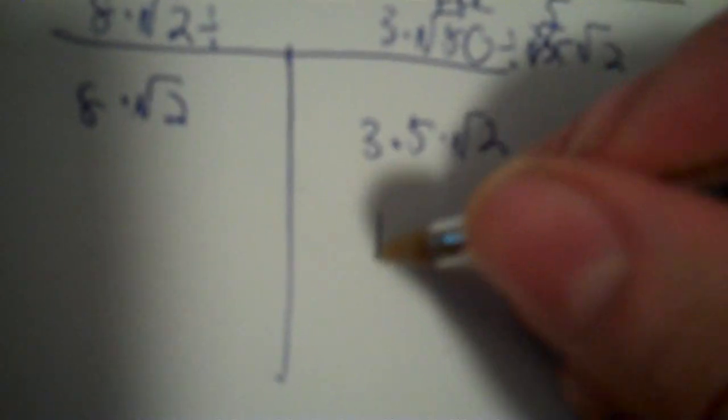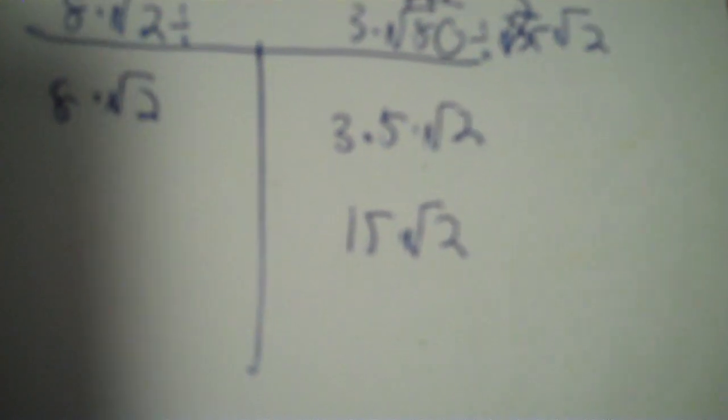Now 50, I think, is going to divide by a perfect square that isn't 1. 49 doesn't. 36 doesn't go into 50, does 25, absolutely. So I rewrite that as a square root of 25 times the square root of 2. And then the square root of 25 turns into 5. So the square root of 50 is replaced with 5 times the square root of 2. And then we get 15 times the square root of 2.